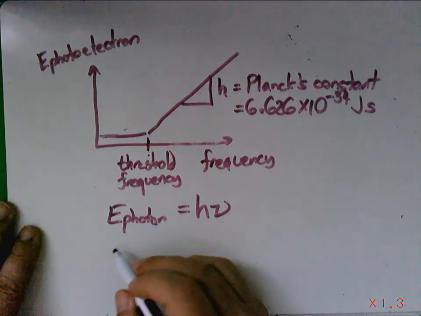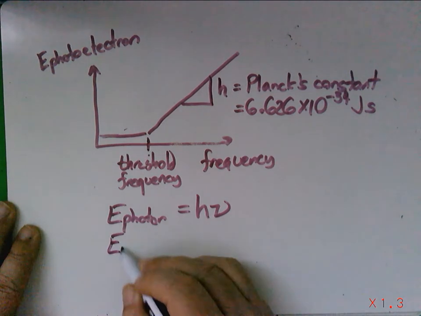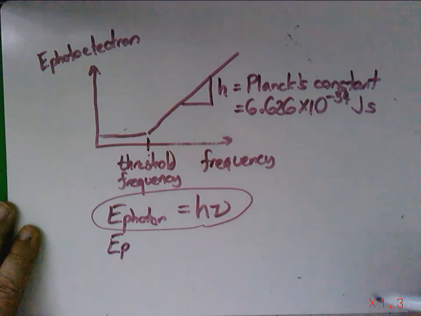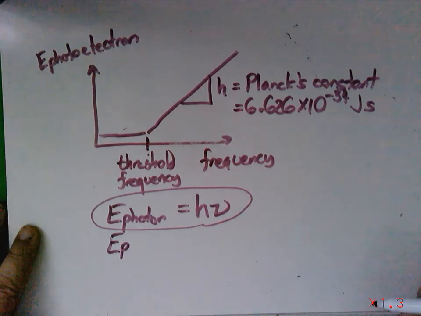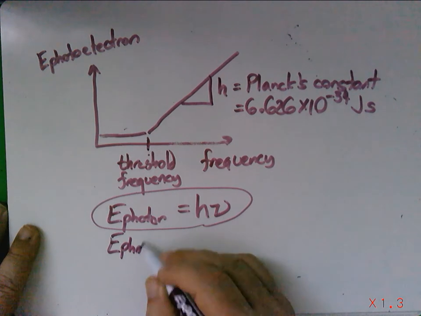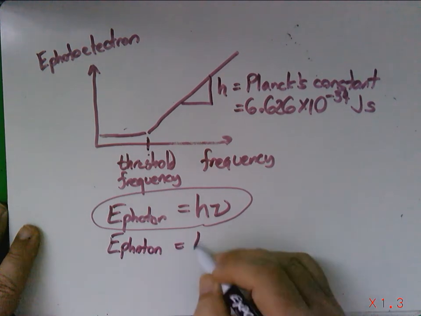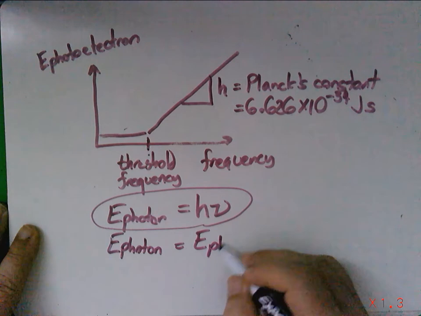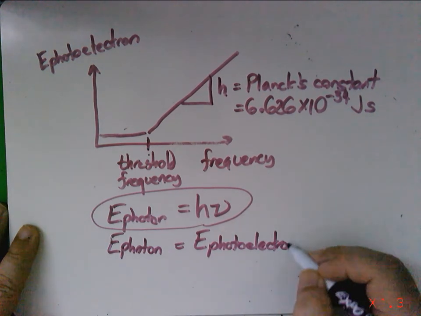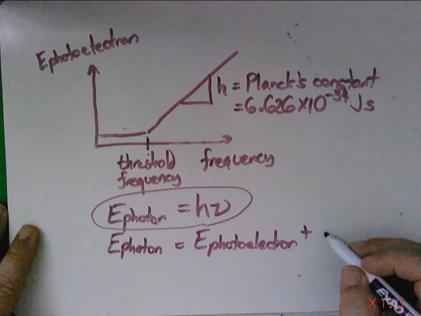Now, you can do your energy budget, he said, if you want. This is going to hold for whenever light is acting like a stream of photons. For the photoelectric effect, your energy budget looks like E photon equals E photoelectron plus the threshold energy.